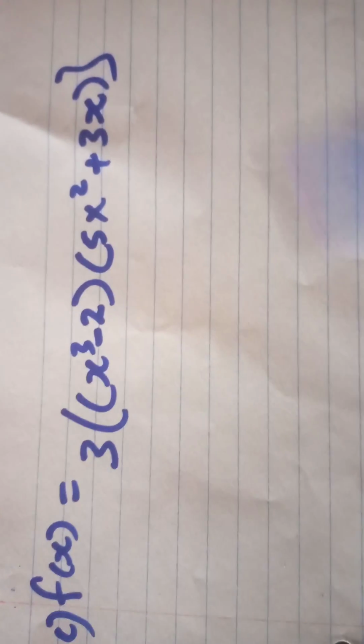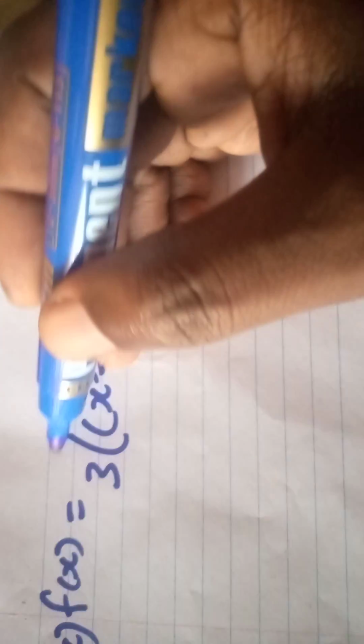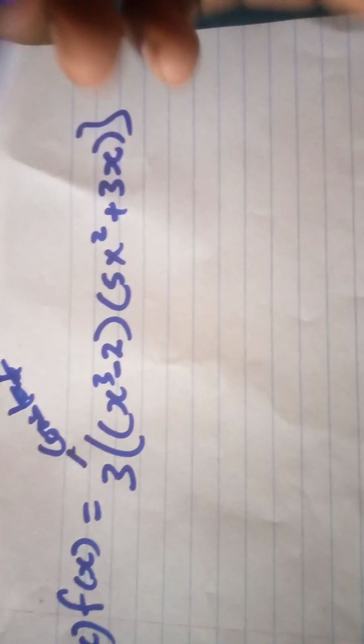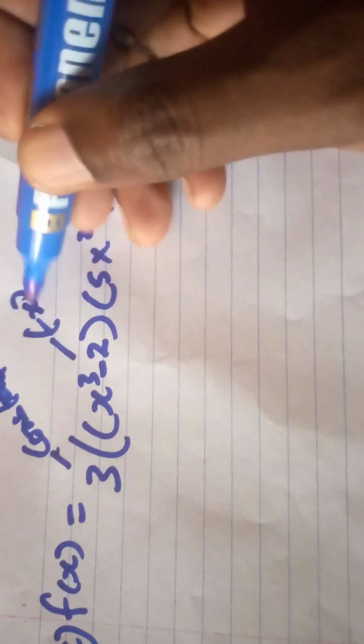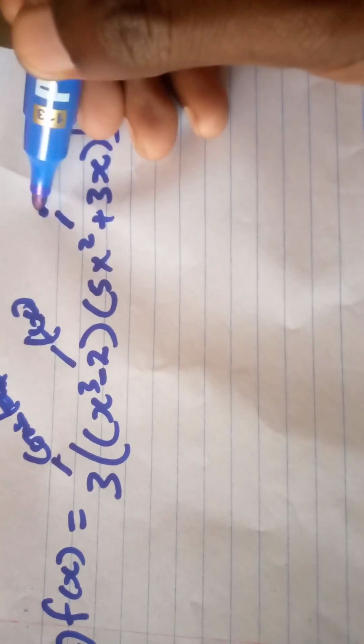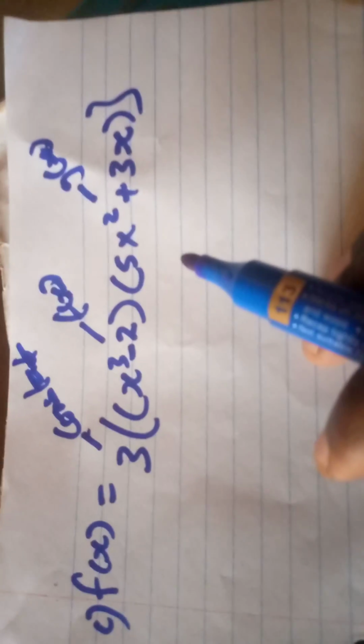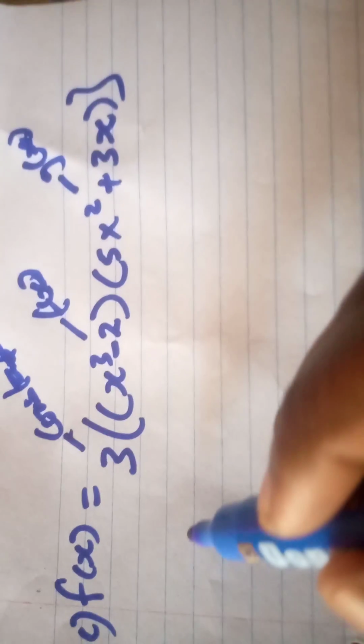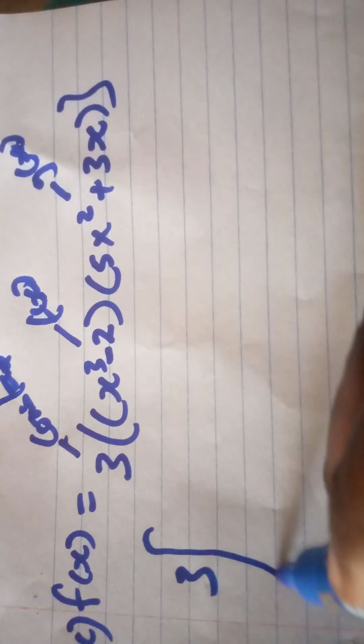I have the third one. So here, I'll treat this one as my constant. This one I'm going to treat as my function of x, while this one is a function of g. Applying the product rule, the constant is going to remain outside.